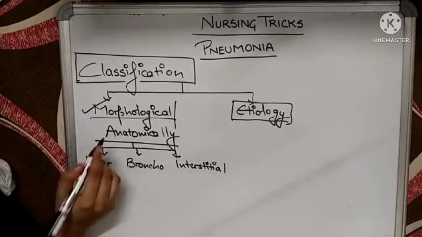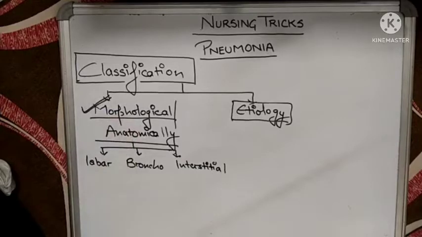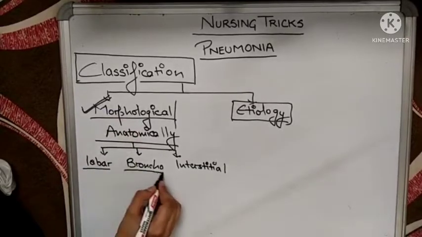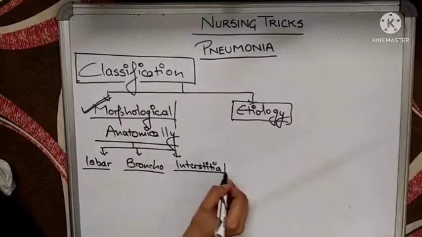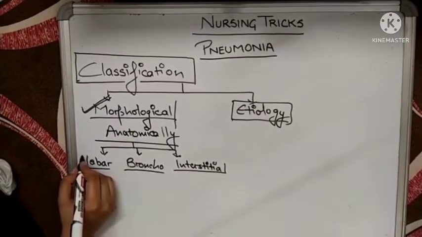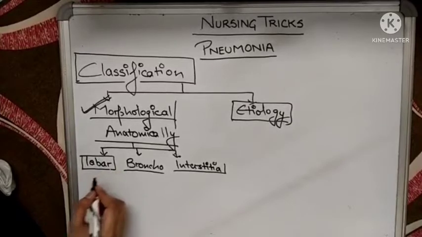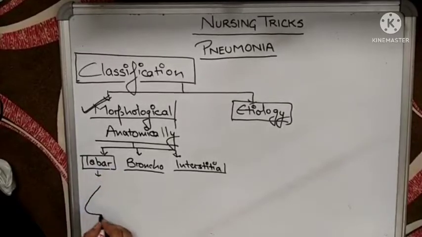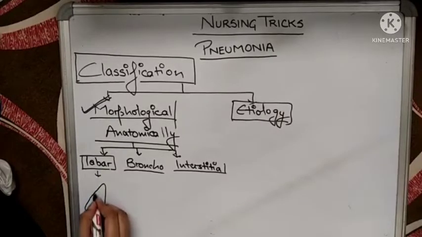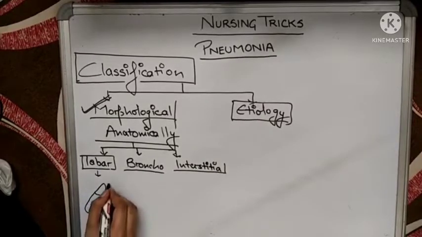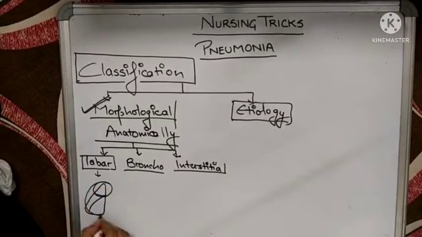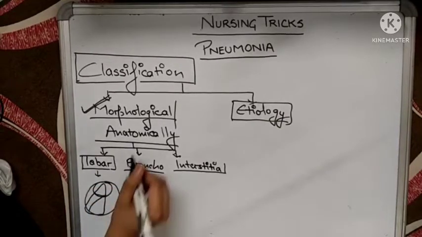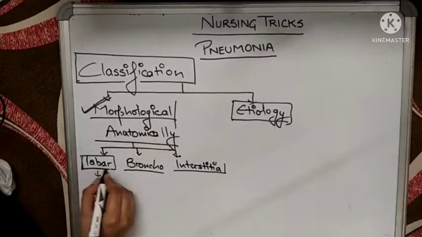So on the basis of morphology, it can be lobar pneumonia, bronchopneumonia, or interstitial pneumonia. Now what is lobar pneumonia? All or a large segment of the lung is involved in this process. It is lobar pneumonia.